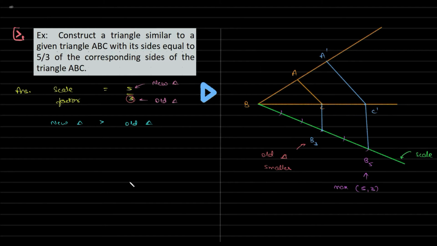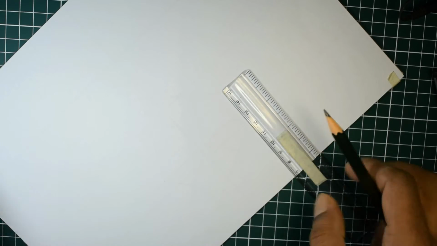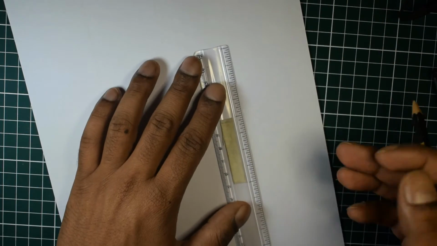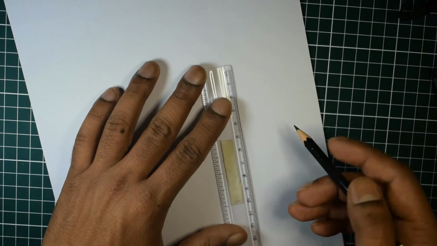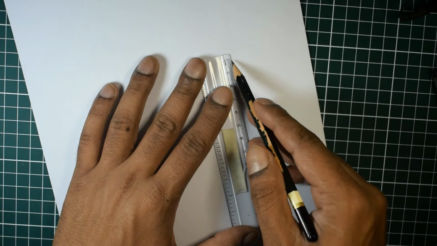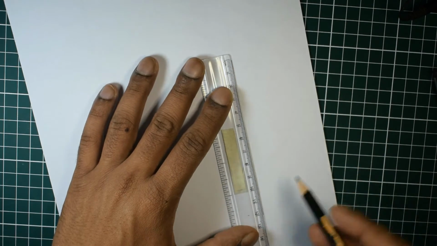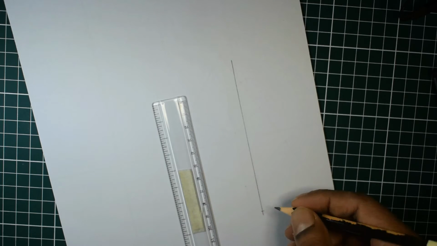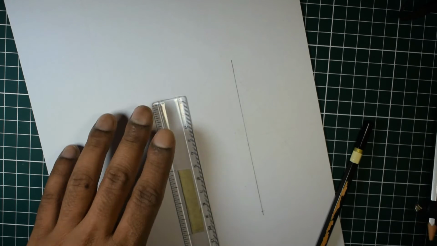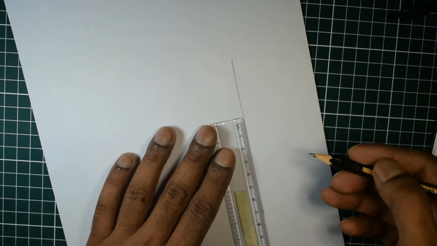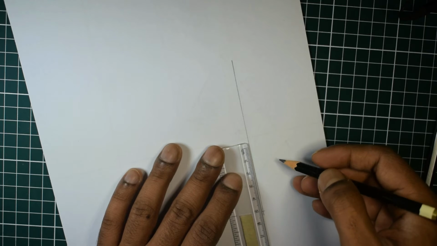Okay, let's see the actual construction with our pen and protractor and everything. So here please understand that we don't have a definite triangle that we need to construct. So since it's an example problem, I just took random values. Again, we are not taking up any specific value.